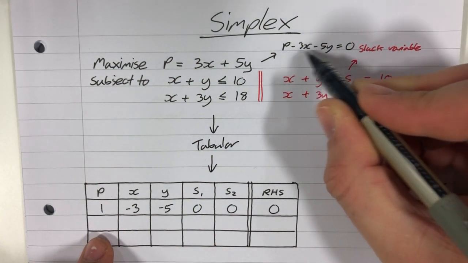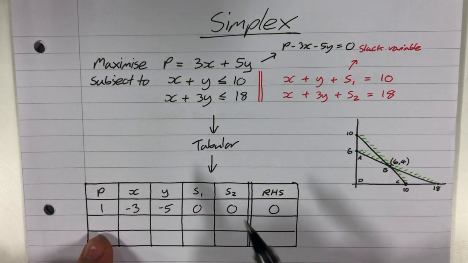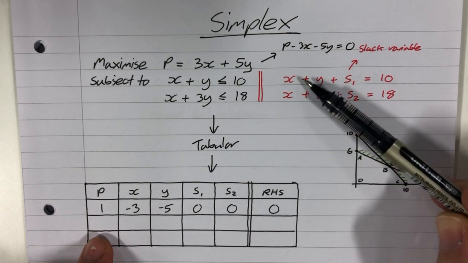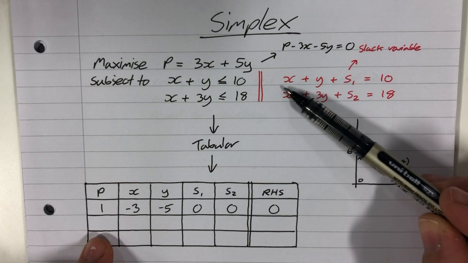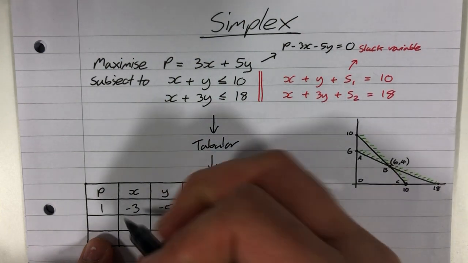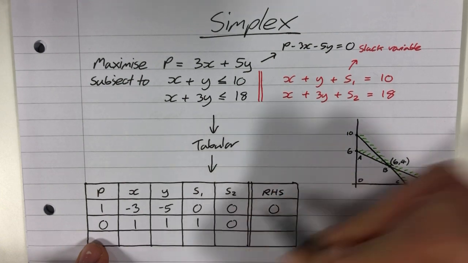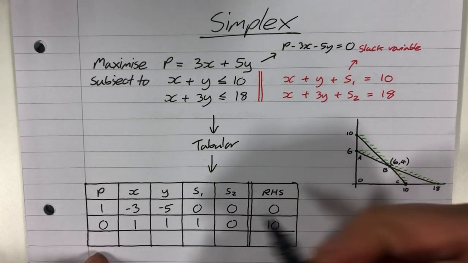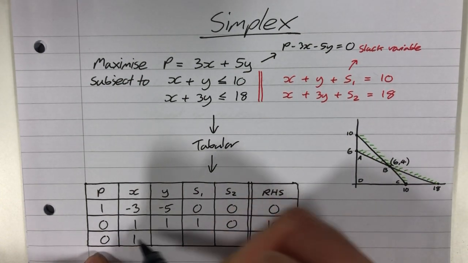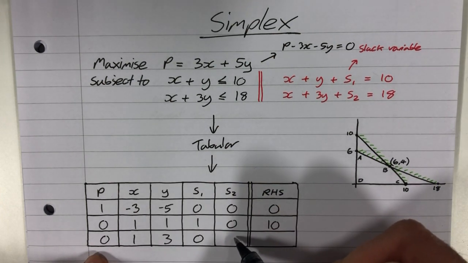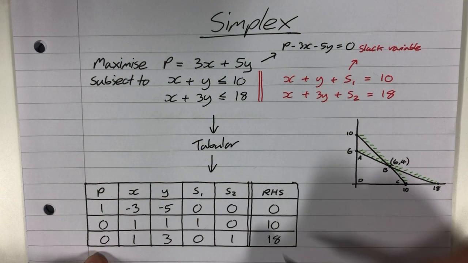Okay, so this line here in my table is made by counting off how many of each of the variables I have. The second one will be no p and no s2. I have an x, a y, and an s1, and that equals 10. And then the second constraint is 1x plus 3y, no s1, plus an s2 gives 18.